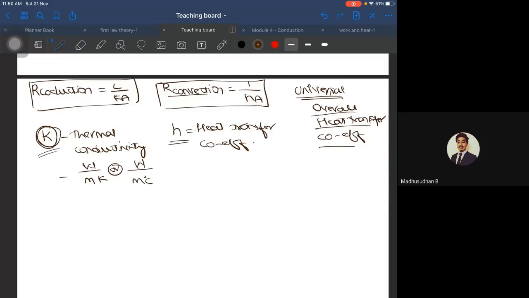K describes the ability of the material to conduct, and h describes the ability of the material to convect. So what are the units of h then? Watt per meter square Kelvin, or watt per meter square degree Celsius. Either of the things are there, depending upon the temperature of measurement.